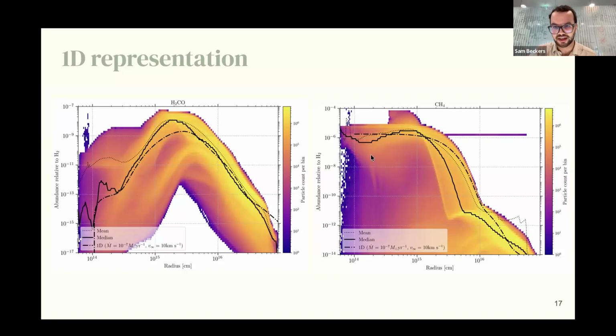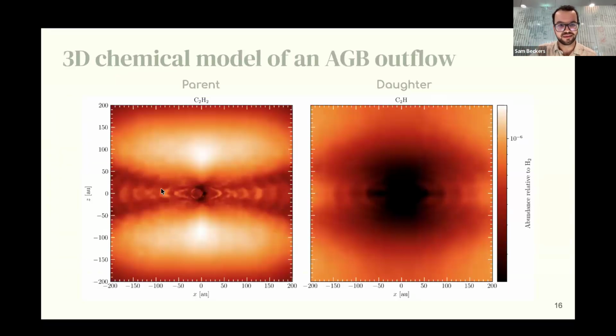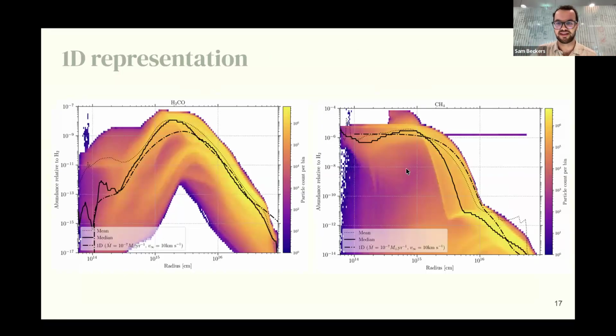So for example, also here, if you can see these lines here, these are what is happening in these spirals. So that's really nice that you can see that back. But yeah, in general, the 1D model and the 3D model compare pretty nicely.